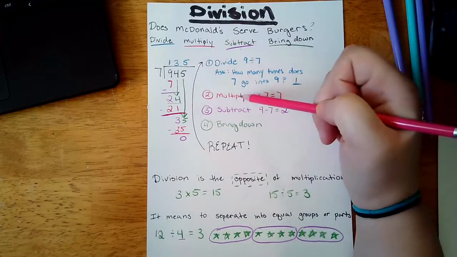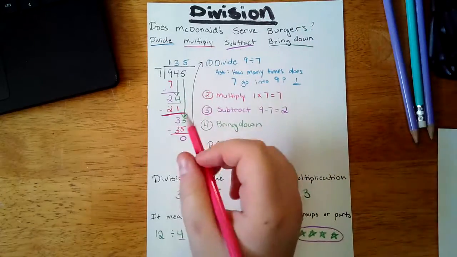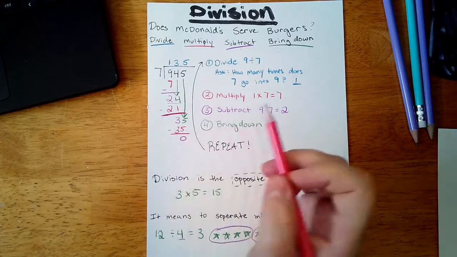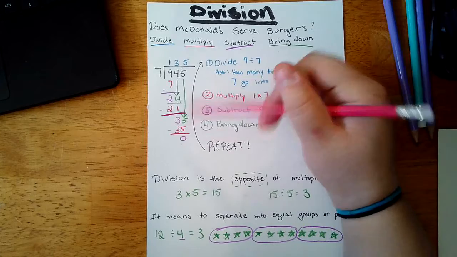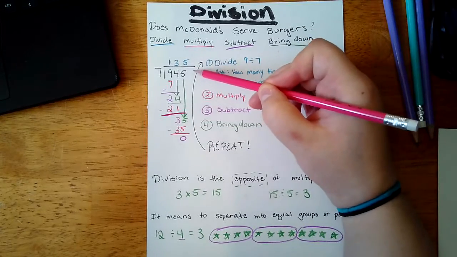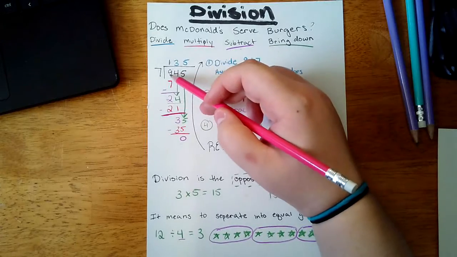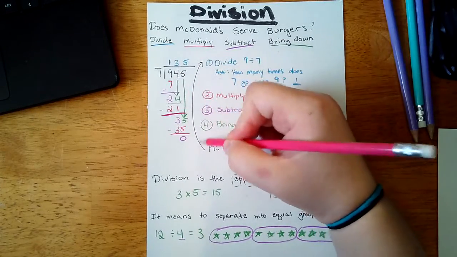So that's where we go back and multiply. 7 times 5 gives us 35. Now we need to subtract. 35 minus 35 is 0. Perfect. So if we have 0 at the bottom, and we don't have anything over here, right? There's nothing after this 5. This is the whole number, 945. This is blank. So we don't have anything to bring down.